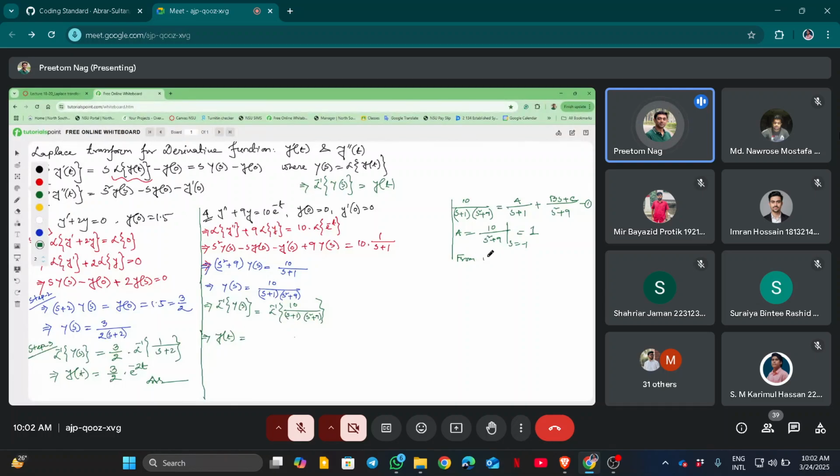Then from 1 we obtain 10 equals A into s squared plus 9 plus Bs plus C into s plus 1.